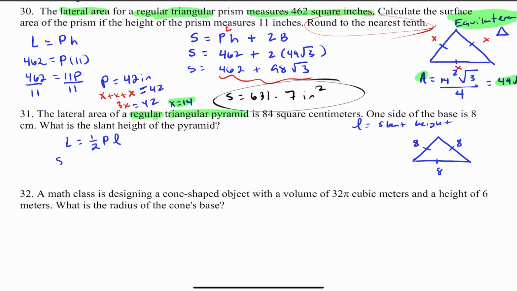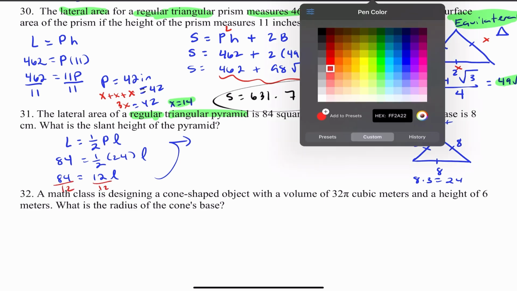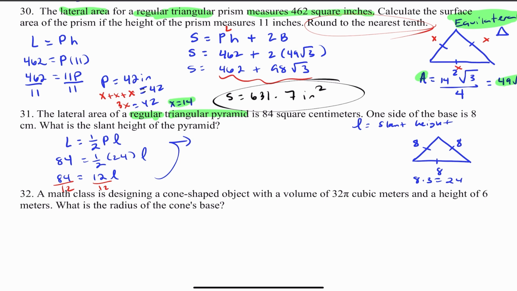The lateral area is 84, equals 1/2. The perimeter is 8 times 3, so that is 24, times the slant height. So then 84 equals 1/2 of 24, that is 12L. So if I divide both sides by 12 here, you are going to get slant height equals 7, and we're dealing with centimeters here, so 7 centimeters.